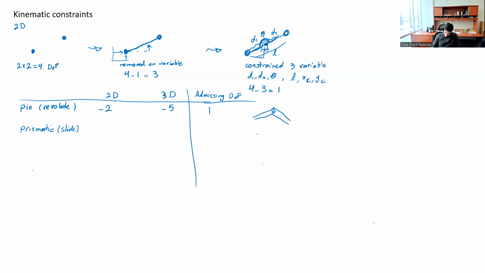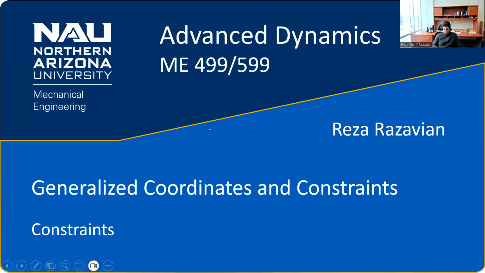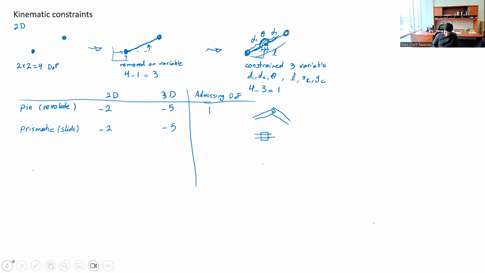A prismatic joint is something like that, a body slides on another body. So it is exactly the same situation. It's also a 1 degree of freedom joint.